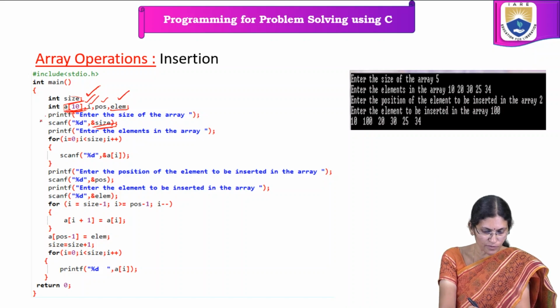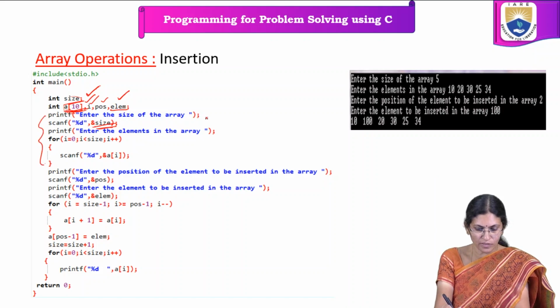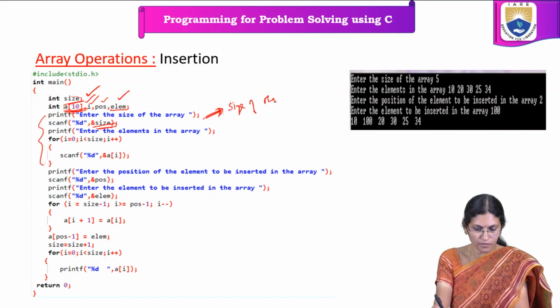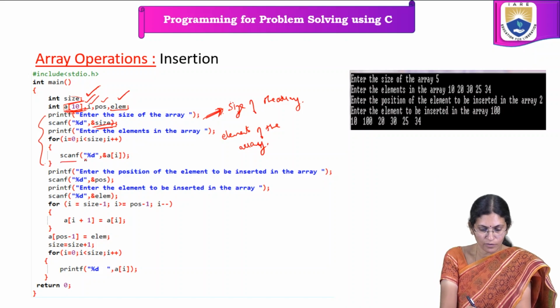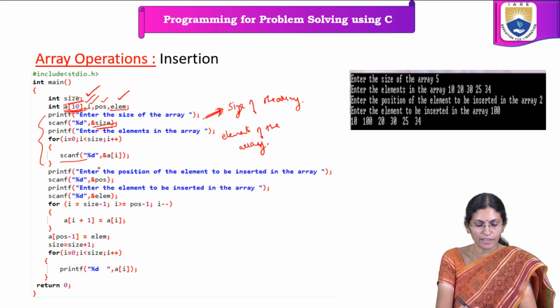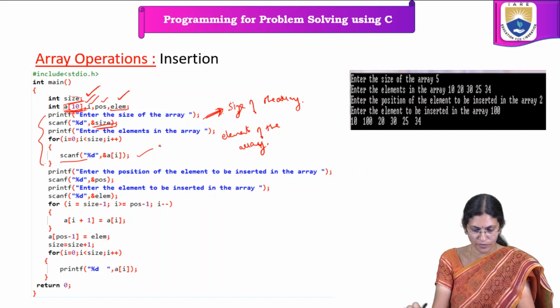We have seen that this part of the code is the same. This will initialize the size variable, and this is the size of the array, and these are the elements of the array. The elements of the array will be initialized with the help of this for loop, and placed inside it is the scanf function.